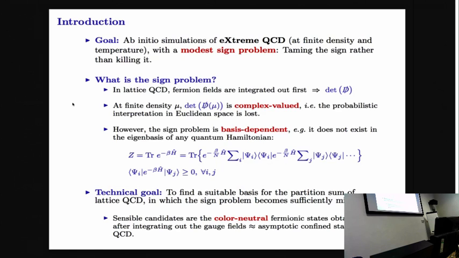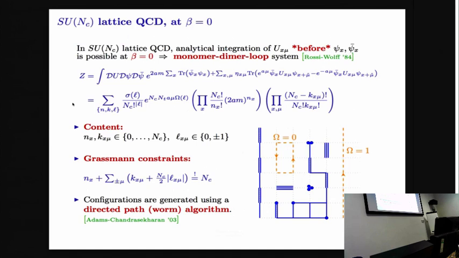For QCD, you think that the sensible candidates for the basis over which you trace your theory should be the color neutral fermionic states, due to confinement. And so this is why in this technique of dual variables, you integrate out the gauge fields before you integrate out the fermion fields.